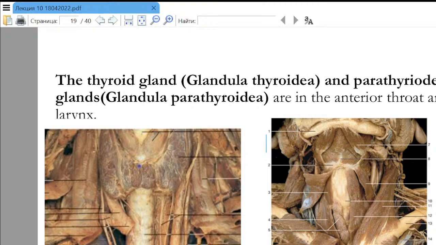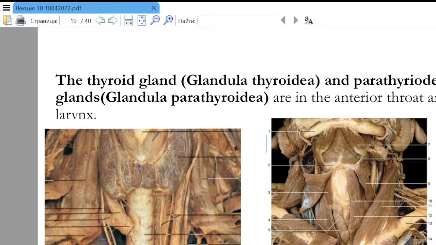Glandula thyroidea, the thyroid gland, located under the muscles: musculus sternohyoideus, musculus omohyoideus, os hyoideus, and sternothyroideus. This thyroid gland is located under the muscles.